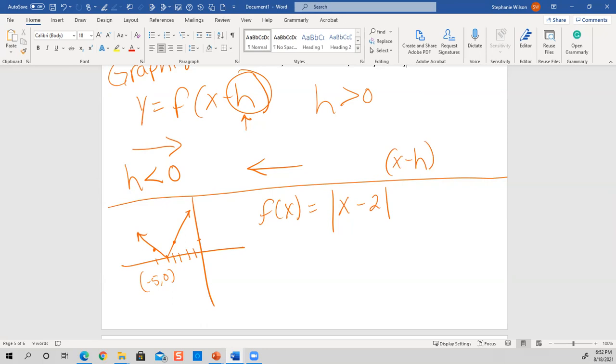Therefore, whatever I plug in for h, if it doesn't change this negative sign to a positive, then I know the value of h is greater than 0. Then that tells me we're going to take this function and move it to the right by the number h, which in this case is 2.